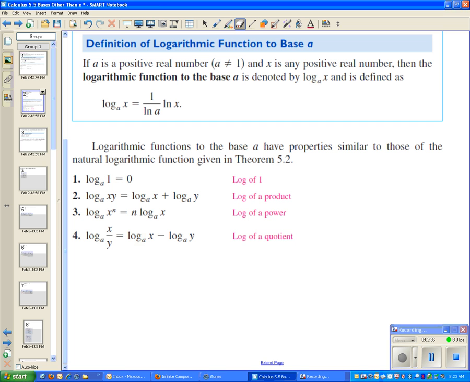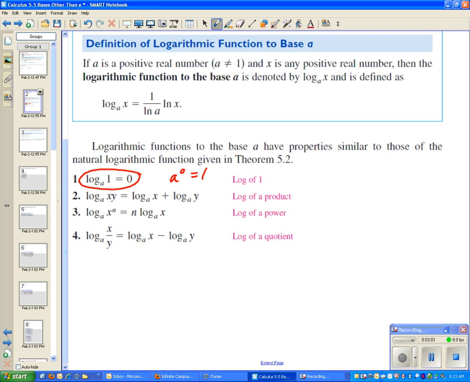That must mean everything's different now. No, it doesn't. Okay? They're giving you a calculus definition, but logarithms still work just like they did last year. So if you have the log of 1 to the base a, it's 0 because a to the 0 equals 1.